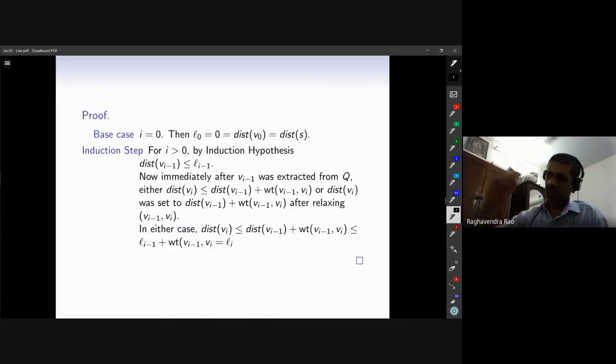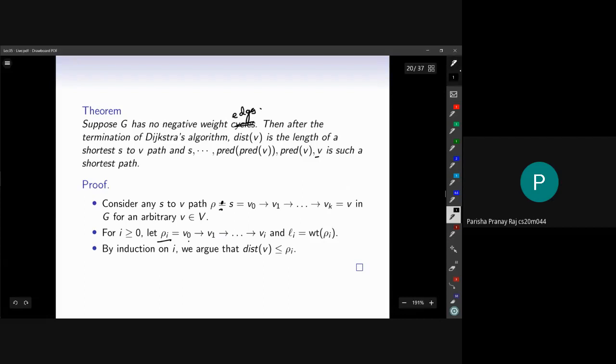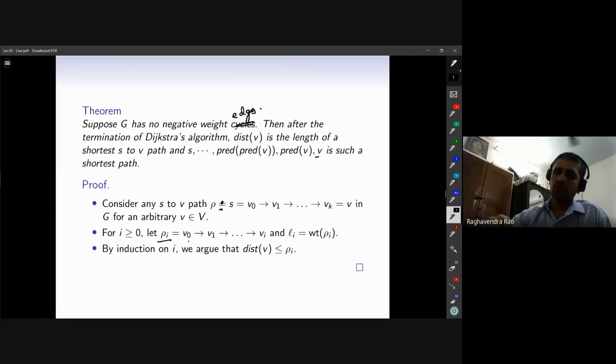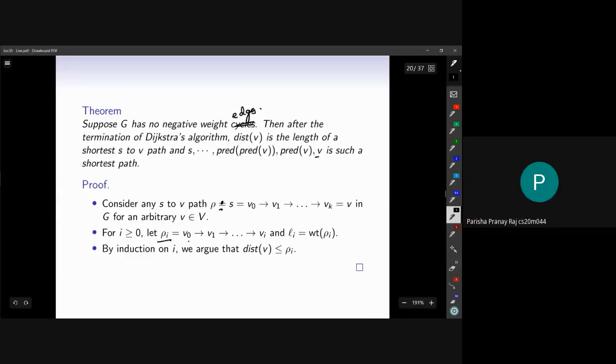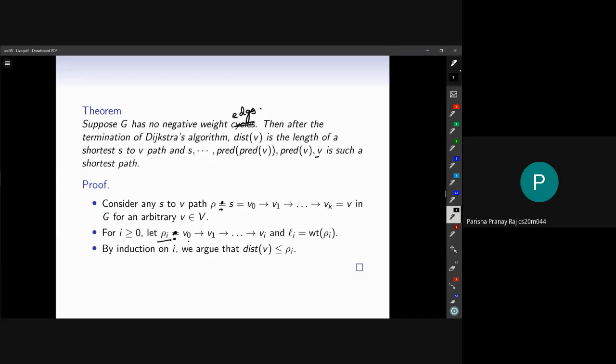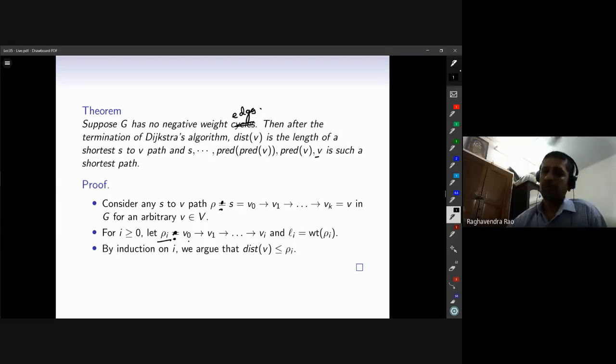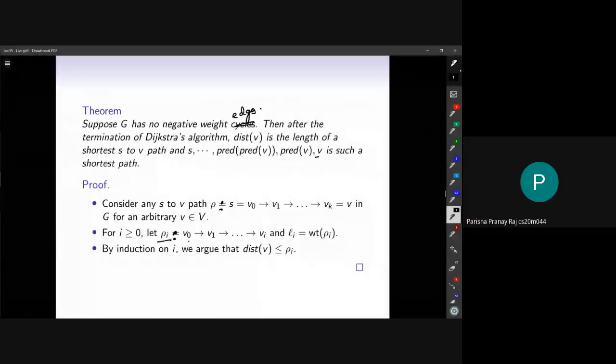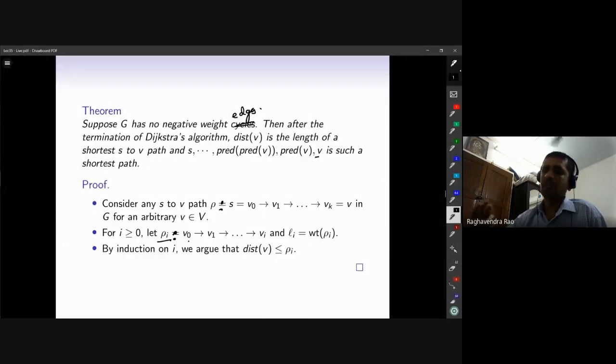Hello. So, sir, what is rho i there? Rho i is the prefix of the path, V0 to Vi. Sorry, what do you mean by prefix? If the path is V0 to Vk, I stop at the ith vertex Vi. That is a prefix. Is it a number or a vertex? Rho i is a prefix path, V0 to Vi.